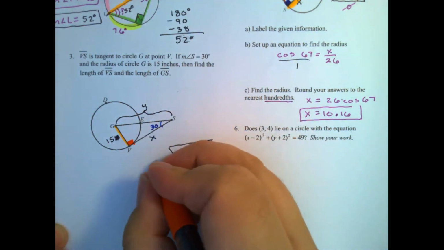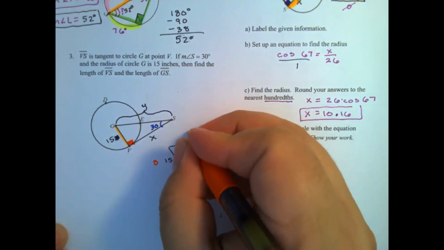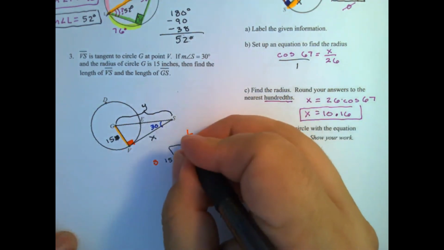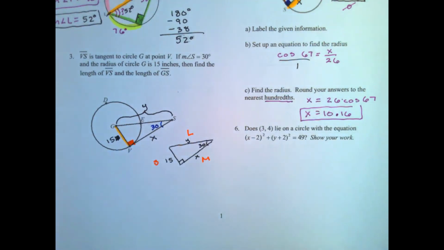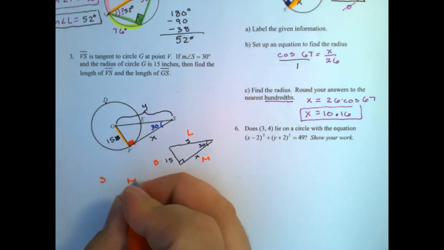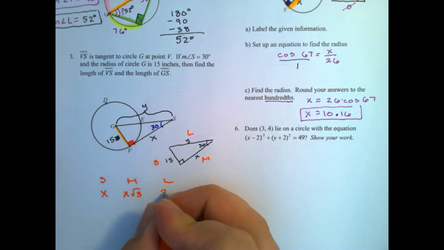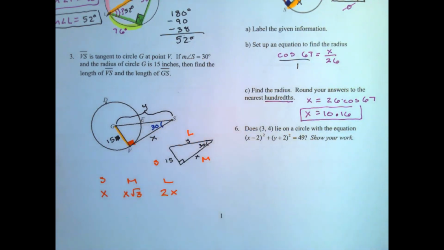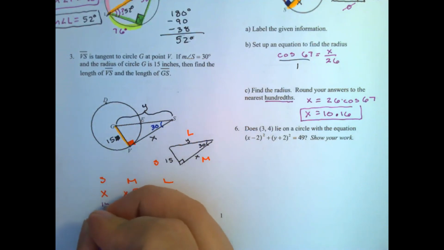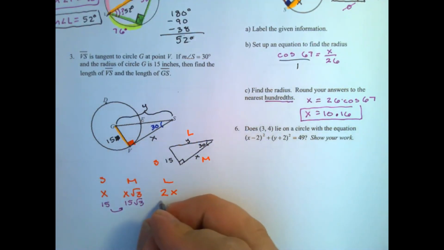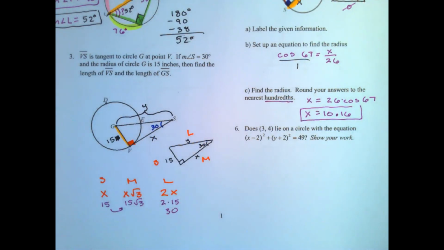Guess who's coming in? Small, medium, large. Well, let's see. Small, medium, large: x, x radical 3, 2x. My x, the smallest, is 15. Well, then all I'm going to do is bring it in: 15 radical 3, and 2 times 15 is 30. And just like that, I have found everything they asked for.